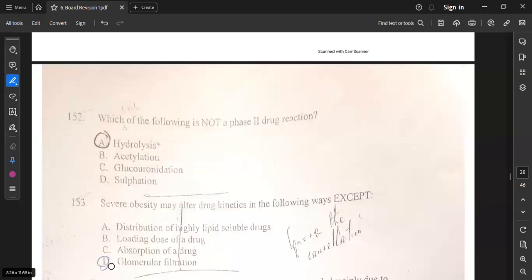So I don't think obesity can affect glomerular filtration. Absorption, I'm not so sure about. How is obesity and absorption related? Glomerular hyperfiltration is observed in severe obesity. Good. How is absorption related to obesity?